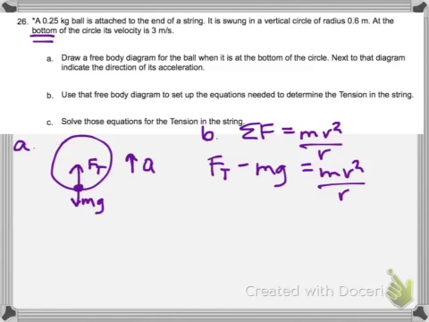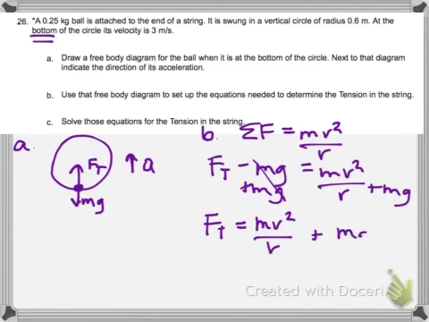In our previous equation, we were adding our force of tension and our force of gravity because they were going in the same direction. In this equation, they're in opposite directions, so they'll be subtracted. But we need to solve for force of tension and get that alone. So we'll add mg to both sides, and we'll end up with the force of tension equaling mv squared over r plus mg.